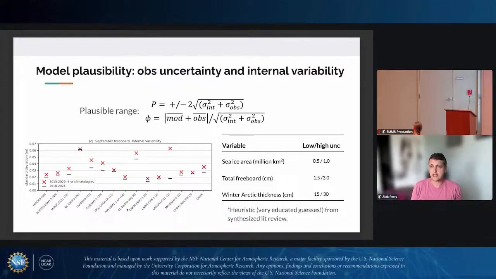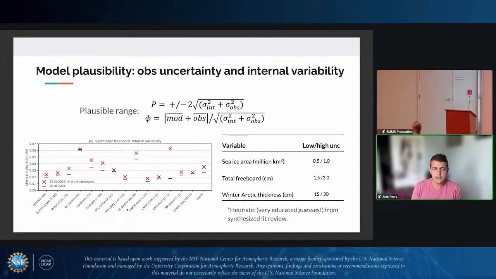The other thing we need to consider is internal variability. Because we're dealing with this very short window, internal variability is going to be higher than the longer-term means we might get from the passive microwave data. An example estimate of internal variability from CMIP6 for September freeboard is shown at the bottom left.